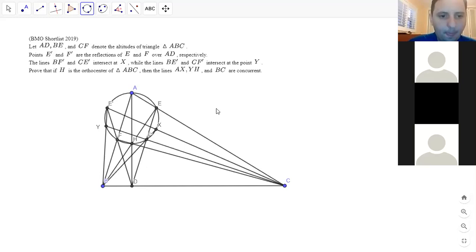But we know F prime lies on this. Is it obvious that D, F, and E prime are linear? That would probably just be an angle chase, right?